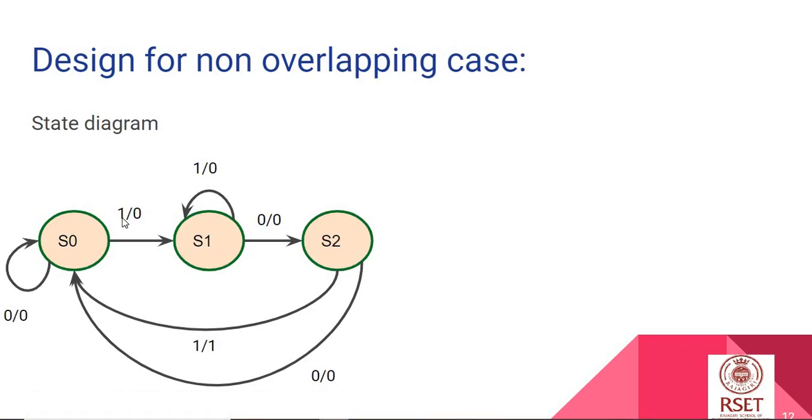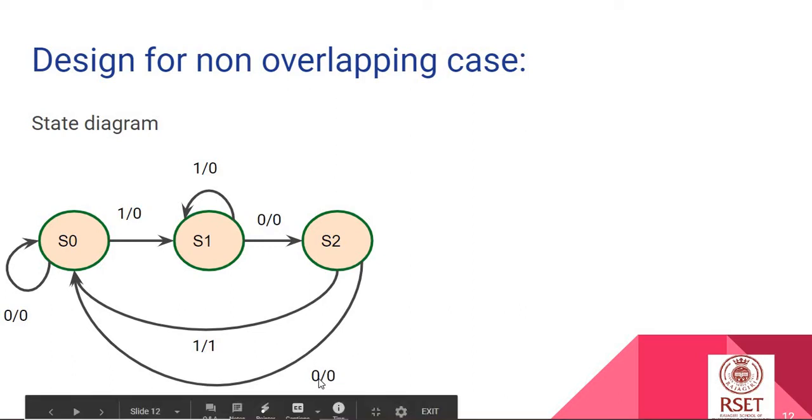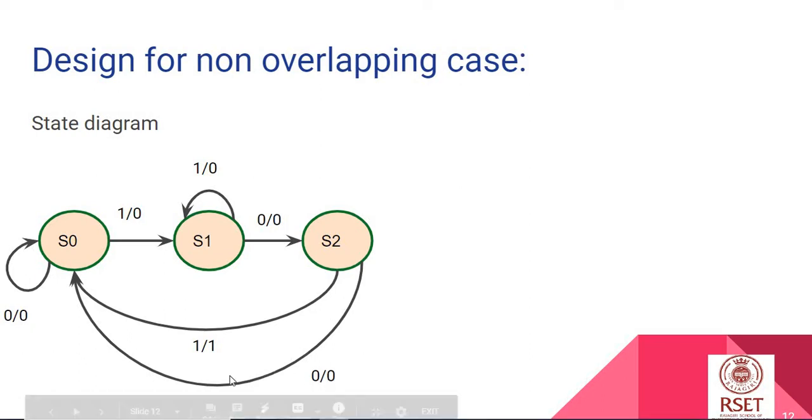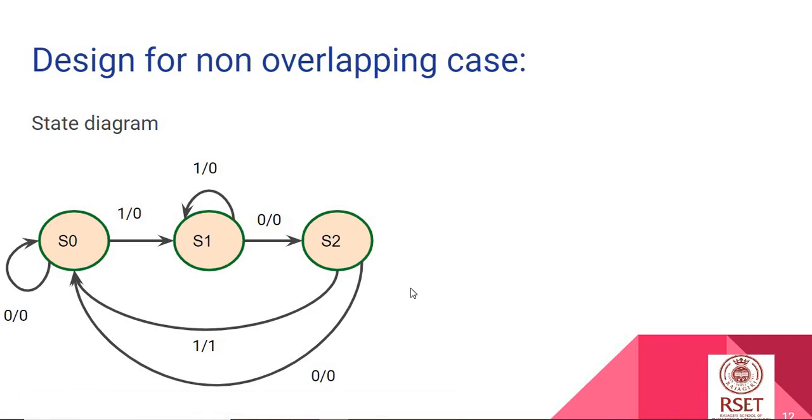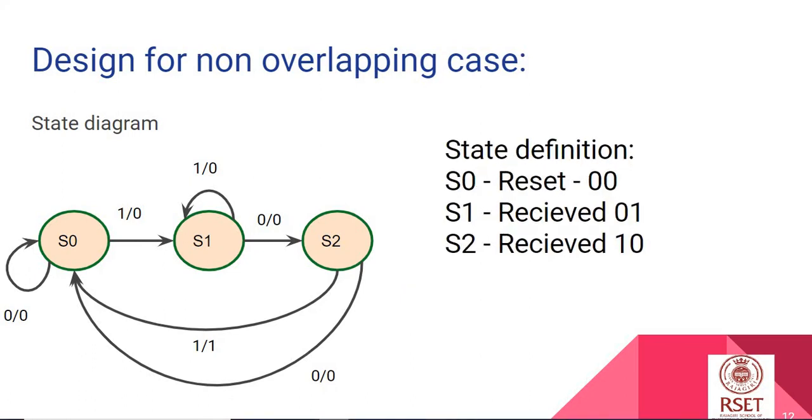While after getting 1 and 0, if again I get a 0, it means my sequence is not detected. So I go to 0. Now I have a 0 in my hand, which means that I go to the starting point again. So this is how we draw the state diagram depending on what is required. The state definitions are, when we are at the state S0, I am in the reset state.